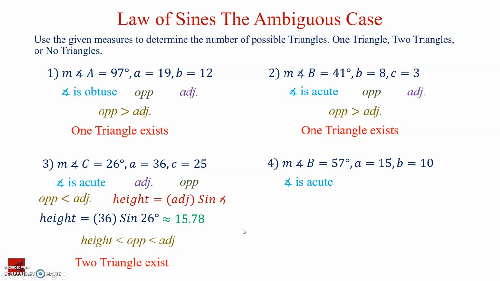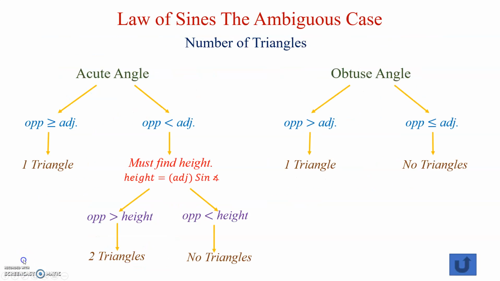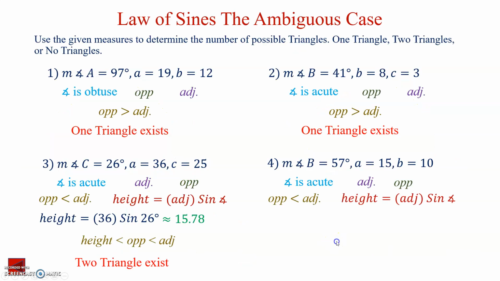Next situation. Angle B is 57 degrees, acute. We've also been given the adjacent and the opposite. Right now, the opposite is less than the adjacent. Acute, opposite less than the adjacent, so we must find the height. When we find the height, we get 12.58. Comparing 12.58 to the 10, the height is greater than the opposite.